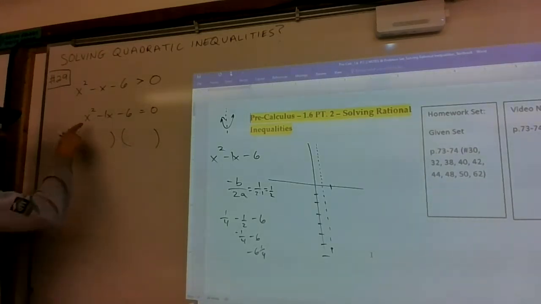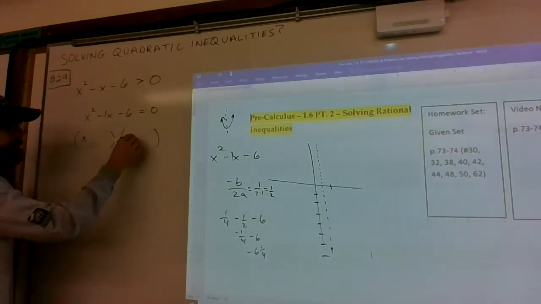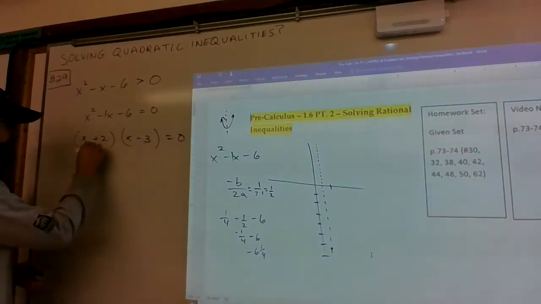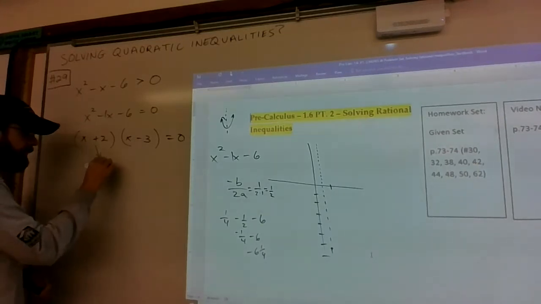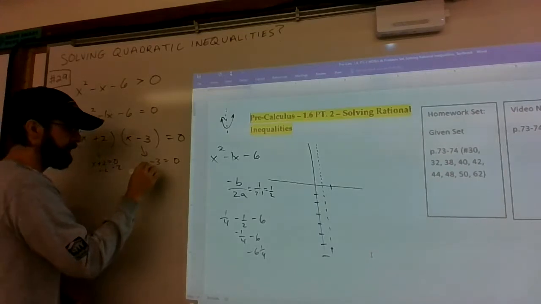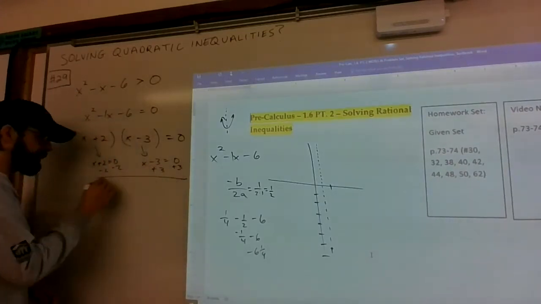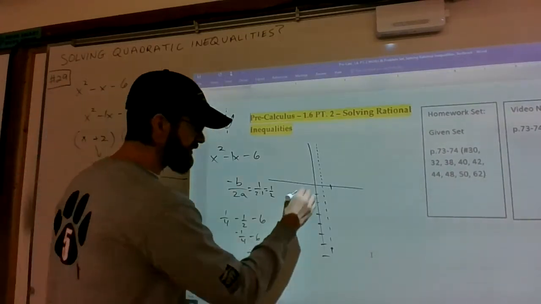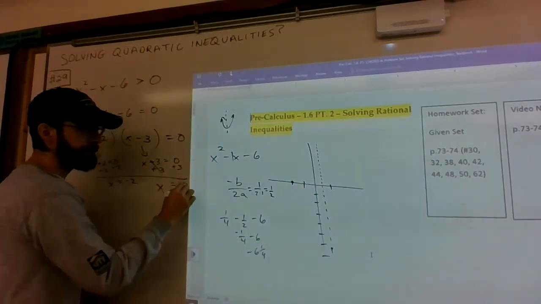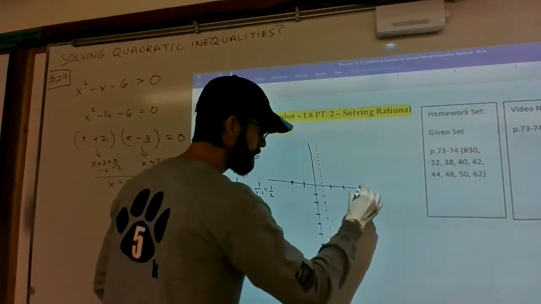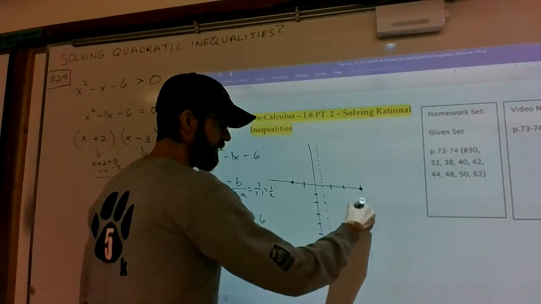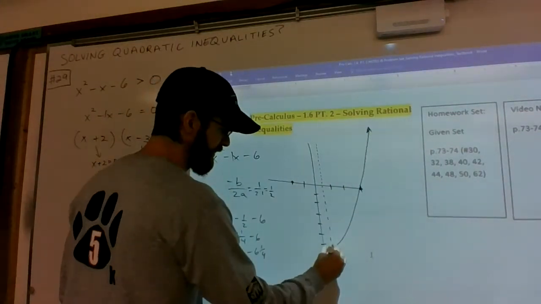So guessing and checking, x minus 3 times x plus 2, we've got our solutions. x plus 2 equals 0, x minus 3 equals 0, subtract, add. We've got our zeros. It crosses the x-axis at negative 2 and at positive 3. You can fill in the gaps very informally. It's going to look like this.